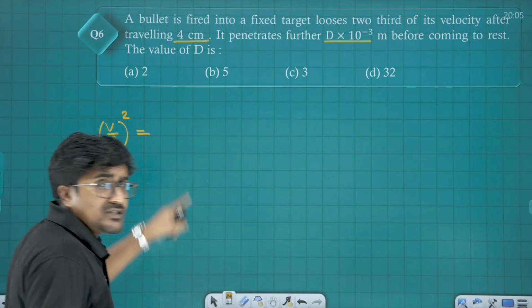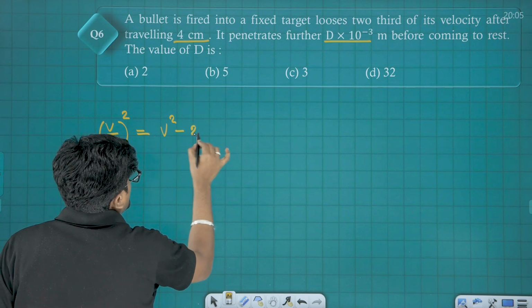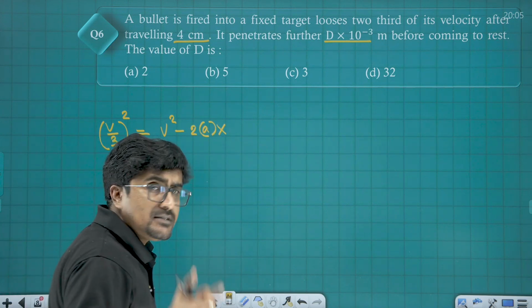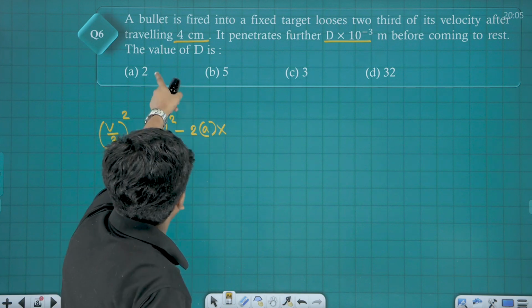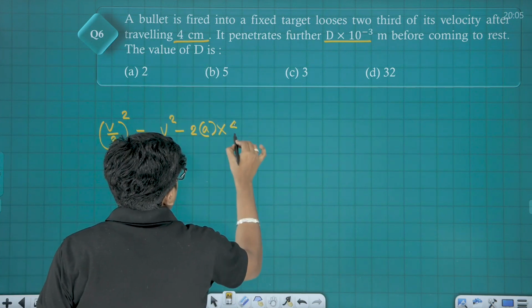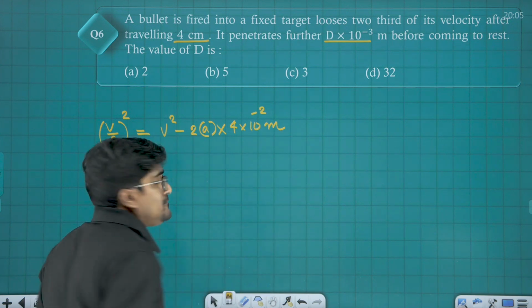So final velocity square is equal to initial velocity square minus 2 times a into s, that is the distance traveled, and here it is traveling a distance of what? 4 cm. That is 4 into 10 to the power minus 2 meter.